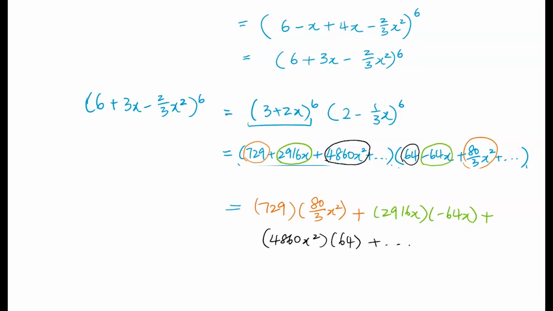For instance, I didn't bother to multiply 729 with 64 because that is not going to give me my x squared. If you simplify this, you are finally going to get 143,856 x squared plus dot dot dot.